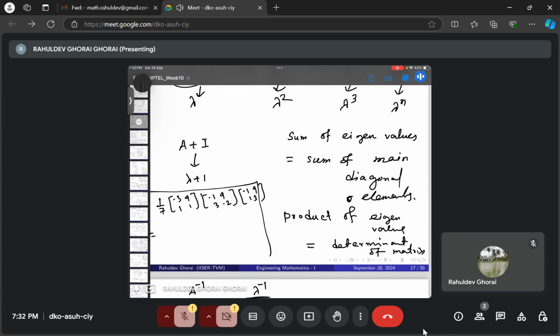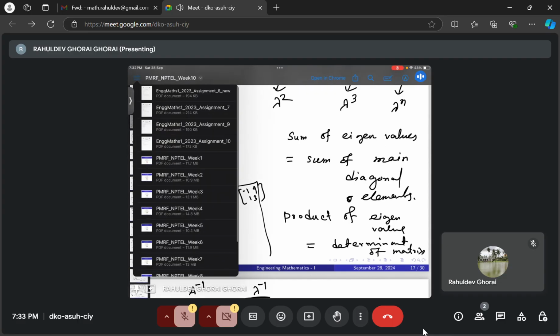So now let's multiply. 1/7 will be as it is. So this one will be 3 plus 12, right? 3 plus 12, and -12 minus 8, which is -20. Let me write it properly in a compact way.